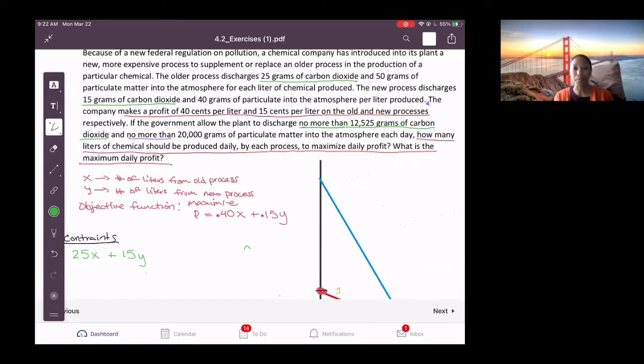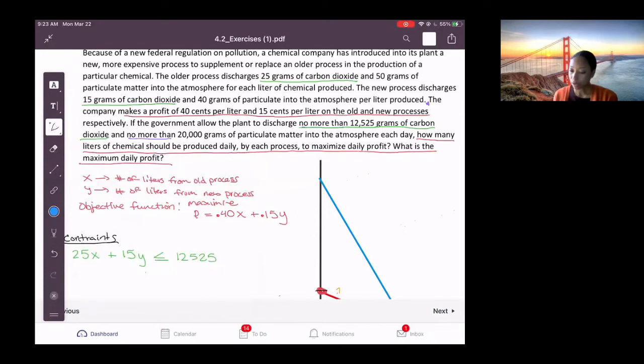That's great for the environment if you discharge less pollution. But the most that you can discharge is 12,525. That means 25X plus 15Y has to be less than or equal to 12,525 grams. So no more than gives us the inequality of less than or equal to. In the last problem, we had at least, that gave us a greater than or equal to symbol.